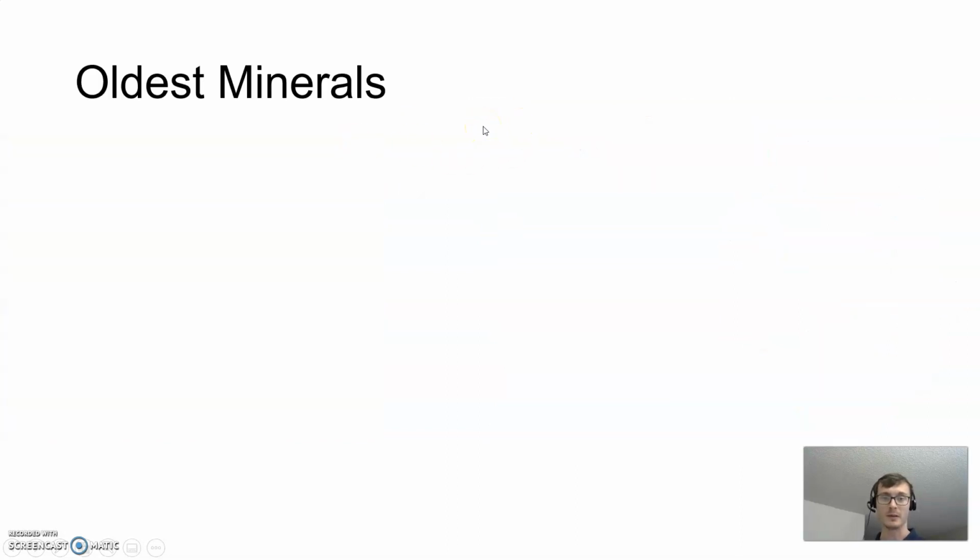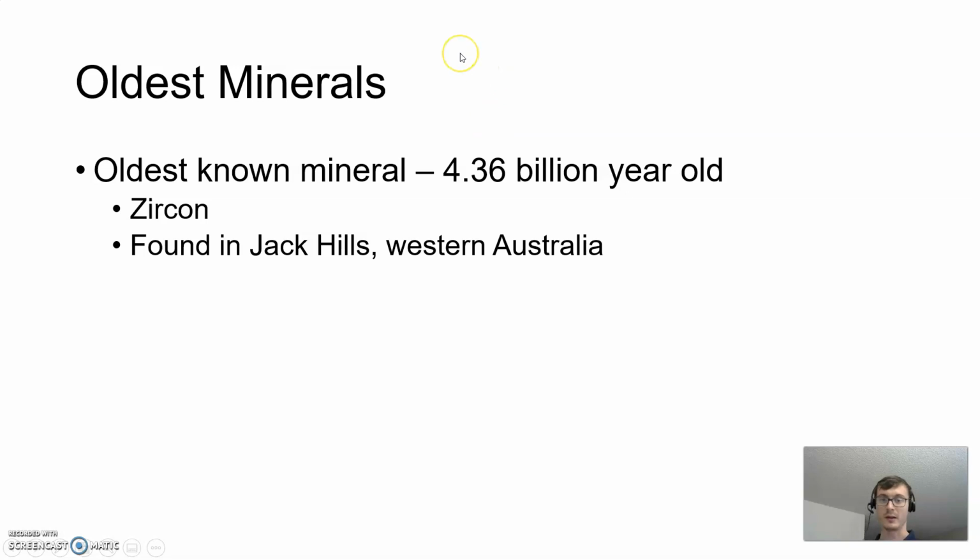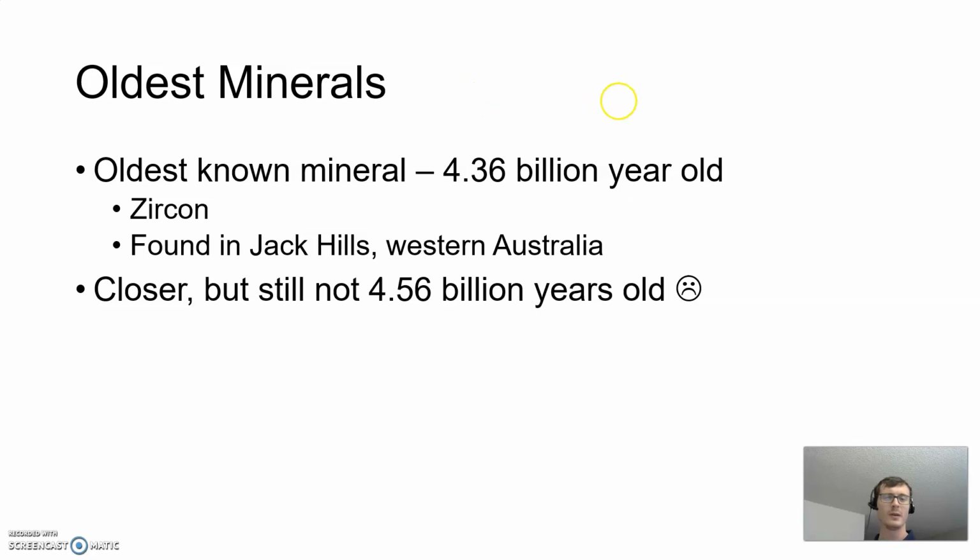So how about the oldest minerals? Well, there are these zircons, little indestructible uranium-carrying zircons, which we find in sandstones in the Jack Hills in Western Australia. And these are 4.36 billion years old, but this still doesn't get us to 4.56.